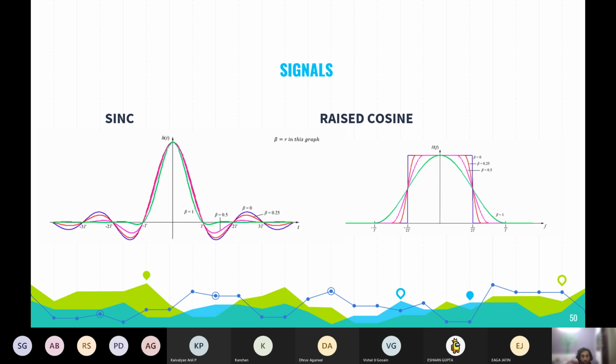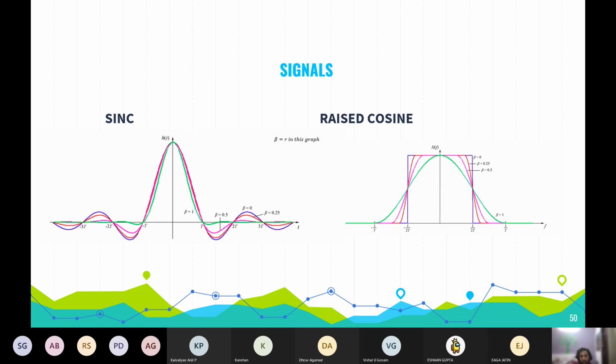If we calculate the Fourier transform of this, it is a square pulse. The blue line on the right is the square pulse. So a signal which is infinite in time domain gives a square pulse in frequency domain, limited bandwidth in frequency domain.